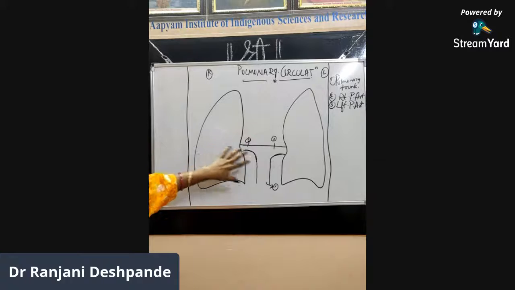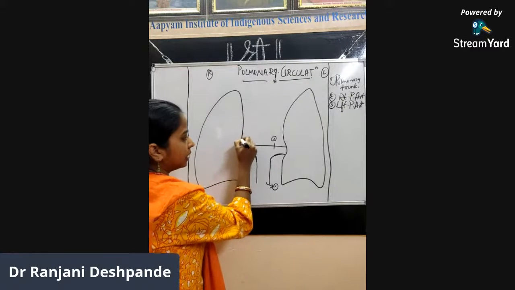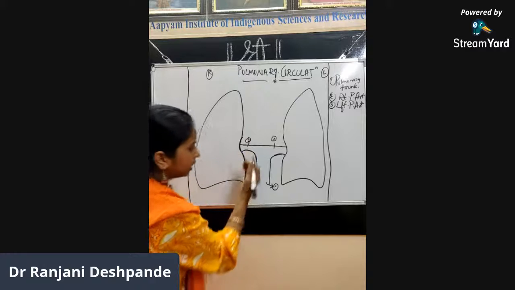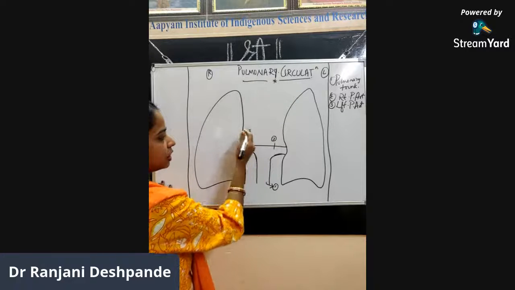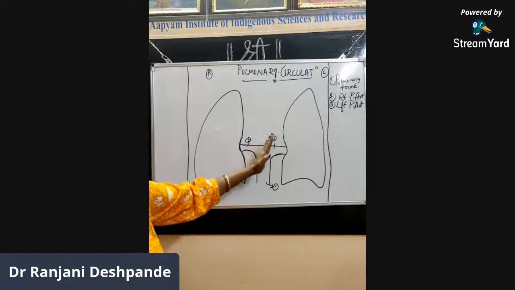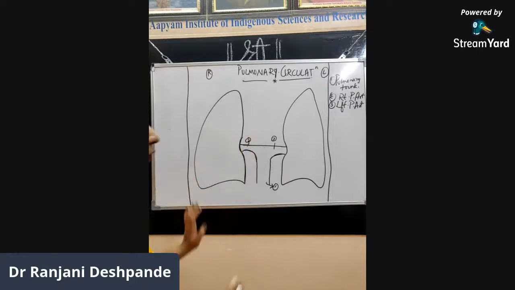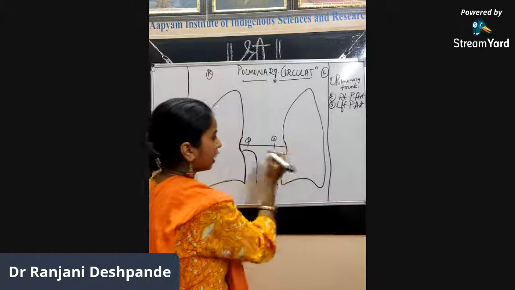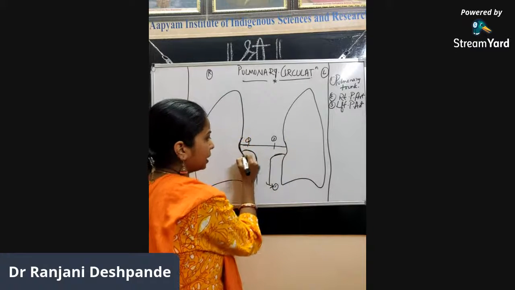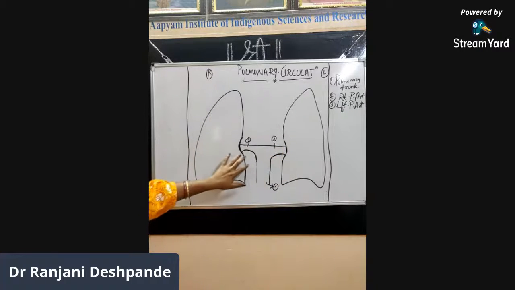If we see it closely, we can see that there is a small indentation-like structure here, a depression-like structure in the medial surface of the lung. What is towards the body, towards the midline, is medial, away is lateral. So this is the medial surface of the lung on both sides. This depression-like area in the medial surface of the lung is called the hilum.